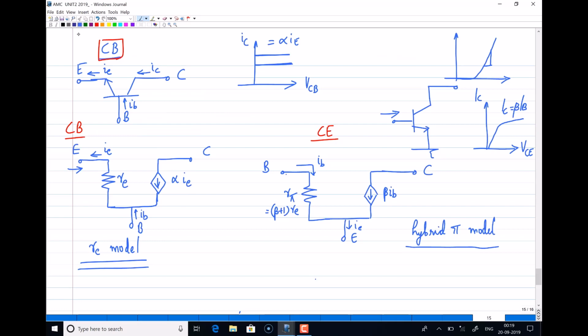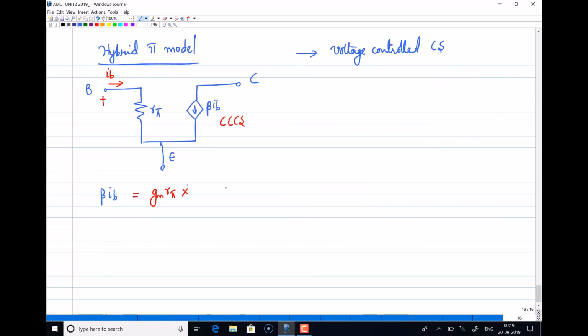So this should be marked plus minus. This should be marked VBE. So IB can be written as VBE divided by Rpi.